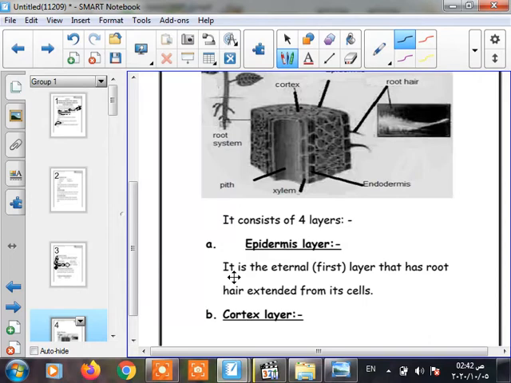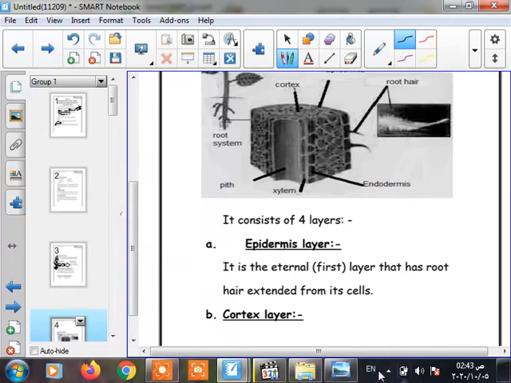And we have a third layer called the endoderm. It is the last row of cells in the cortex layer. As we see here, we have the epidermis, first layer, the second layer cortex, and we can see the endoderm. We call it a row of cells because, as we see here, each cell follows another cell like this.